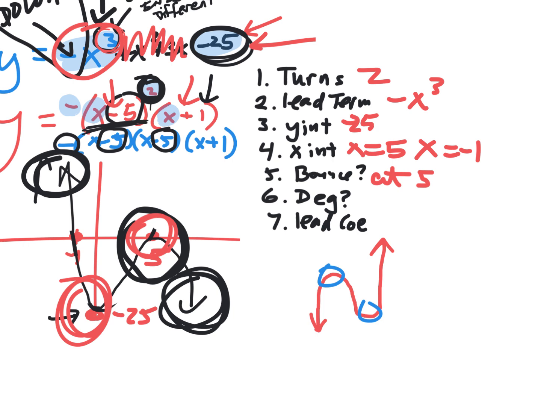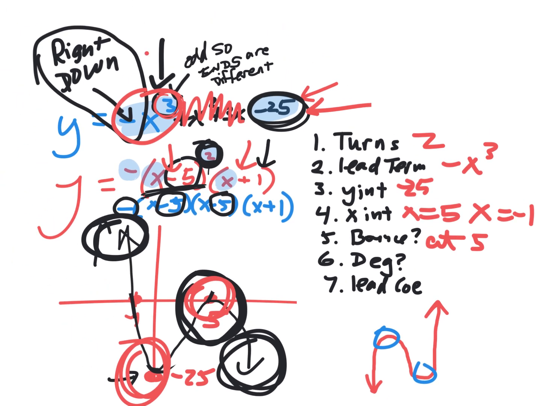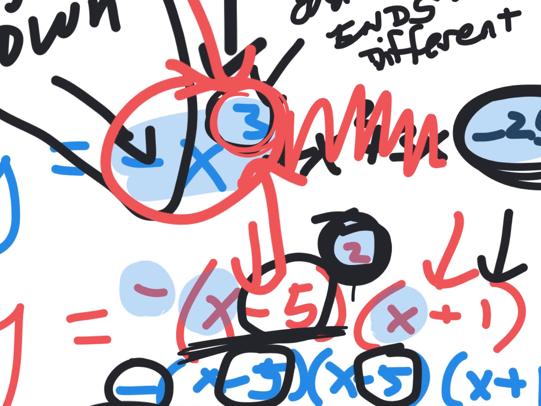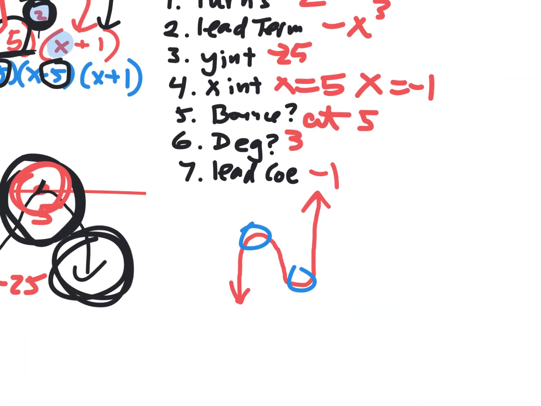The degree, that's this 3 up here. And the lead coefficient, there's no number there, Mr. Server, you screwed up. Nope, there's a 1 there. And so negative 1 is the lead coefficient. All right. That's a million things that you used to know, and you might not still know them all, but that's a review of a million things.